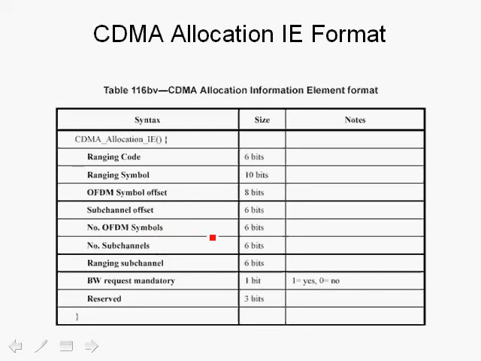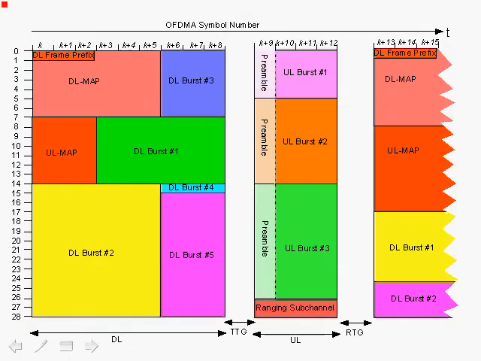for the region. So we've described the basic downlink and how that's organized, and how the MAC actually configures the PHY in terms of the downlink prefix, followed by the downlink map and the uplink map, and specifies how the downlink bursts are to be arranged in terms of the offset in time, the OFDM symbol offset, the subchannel offset, number of OFDM symbols, and the number of subchannels allocated for particular bursts.